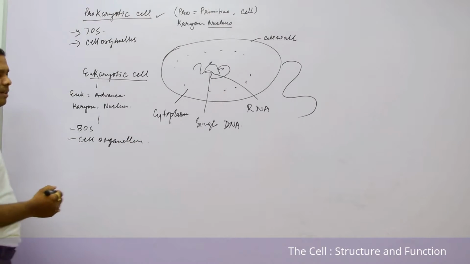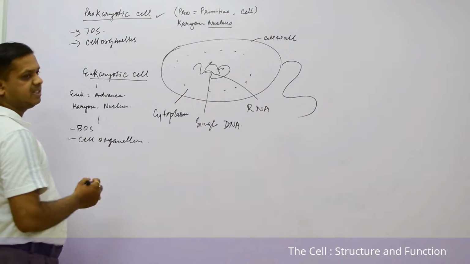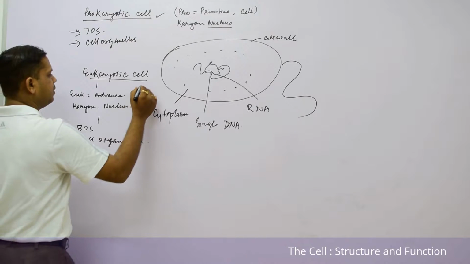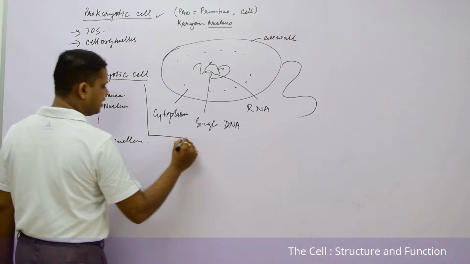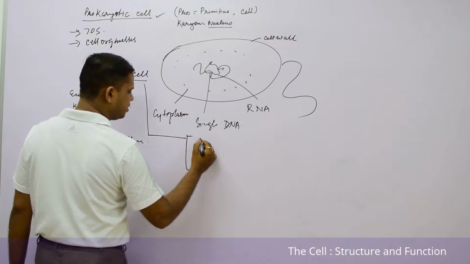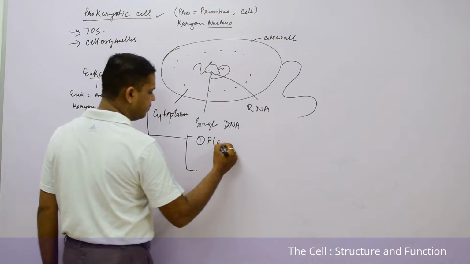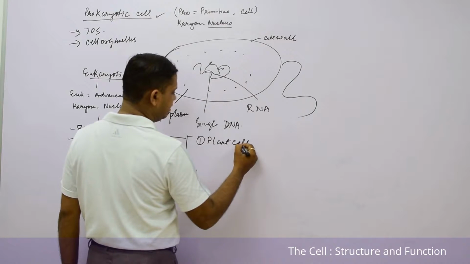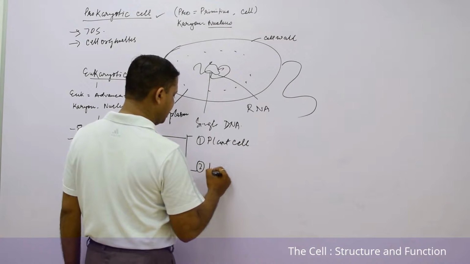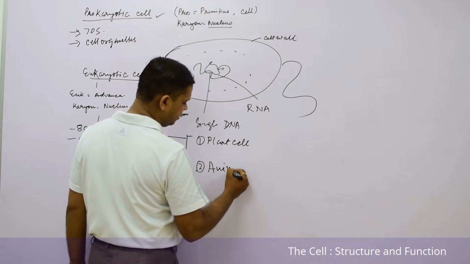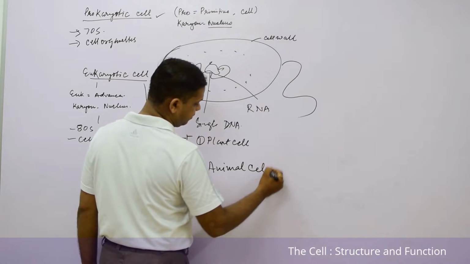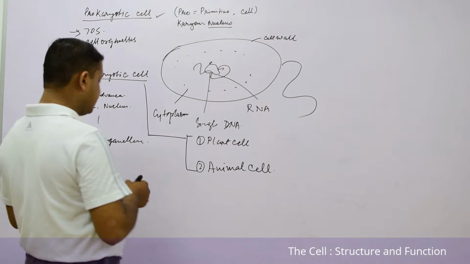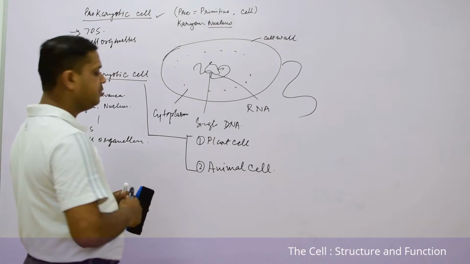One more important thing: the eukaryotic cells are further classified into two parts. The first is the plant cell, and the second type of cell is the animal cell.